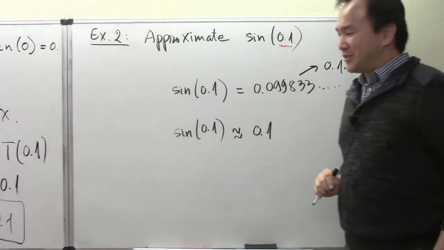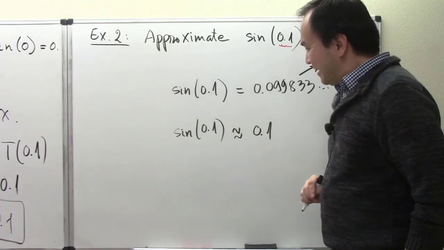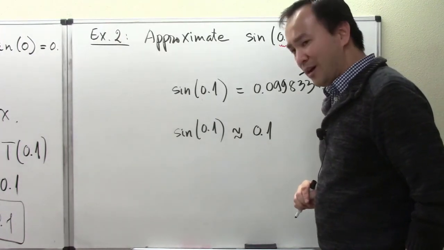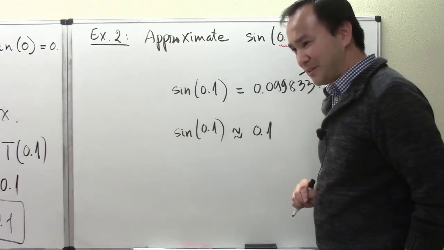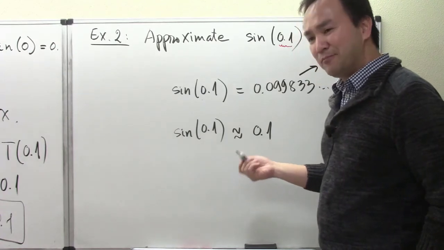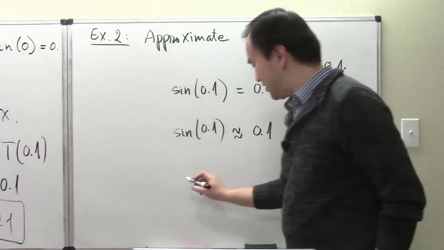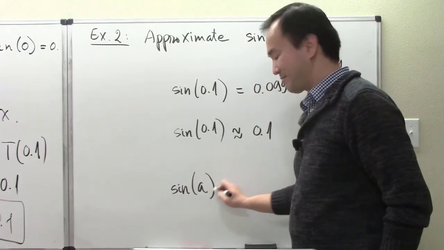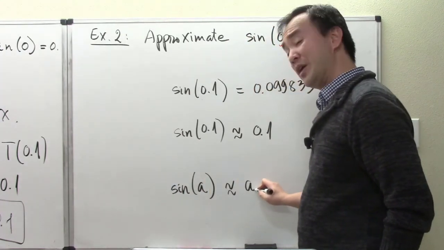Okay, and so now, not too many Calc 1 instructors mention this because it's kind of far away for you to feel this impact. But in some more advanced courses later on, you will start hearing people say sine of A is approximately equal to A itself.